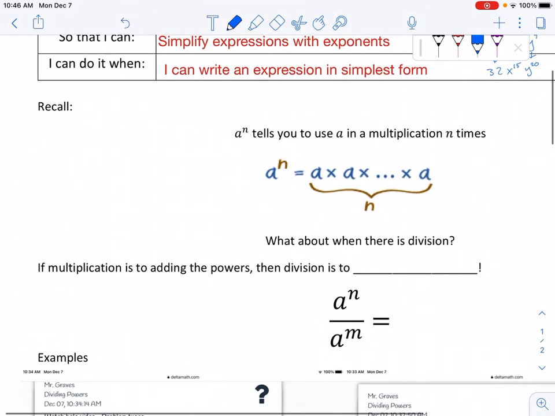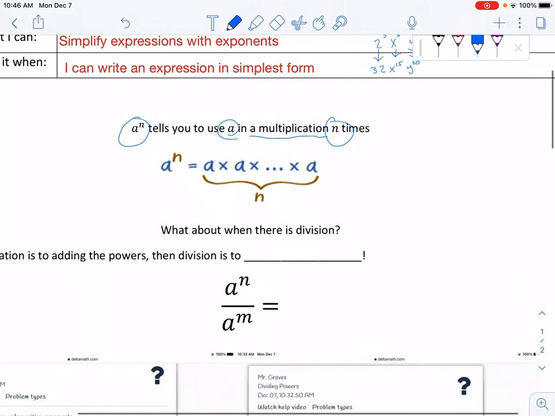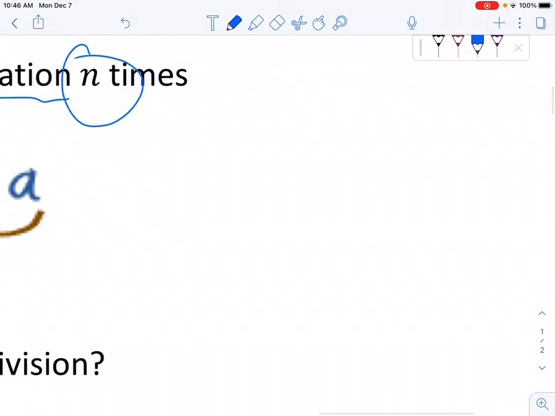So think about this, and I just kind of went over it: a number to an exponent, so a to the n, any number raised to a power, is telling you to use the base in multiplication n number of times. Let me show you a clear example.